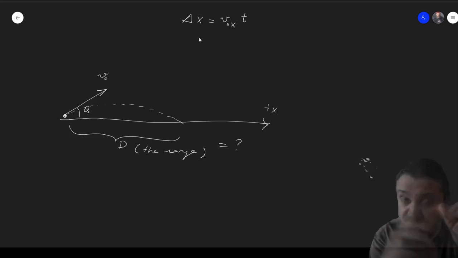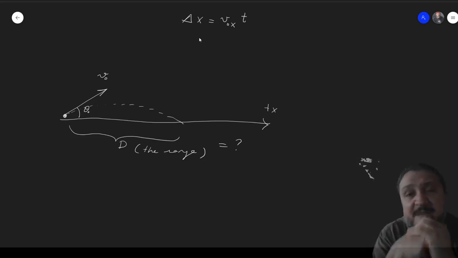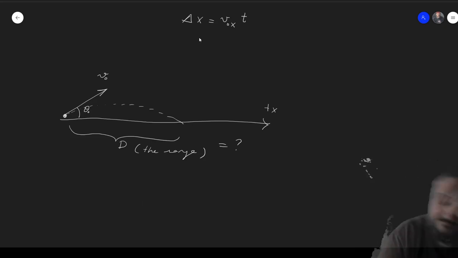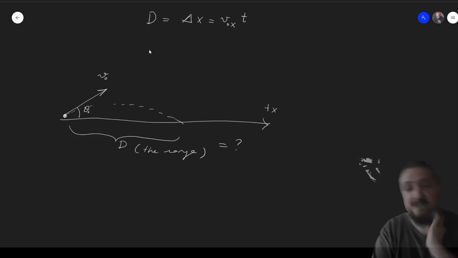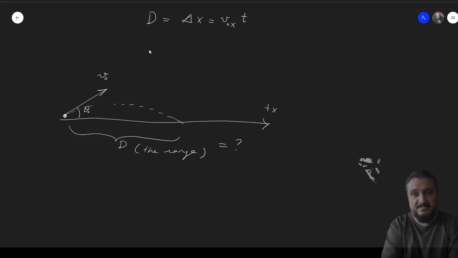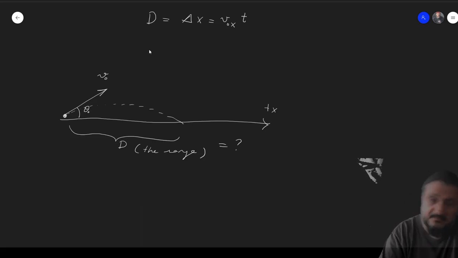So I have to use this formula. There is no other place where I can find d. This is d, okay? d is delta x. The displacement is v0 x times t. But t is not known, so we can't just do it without knowing time.